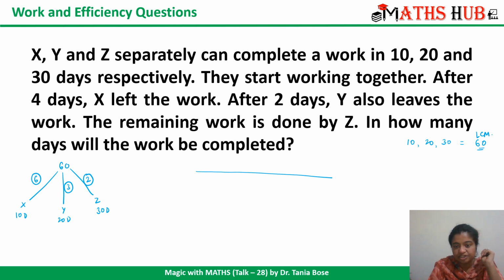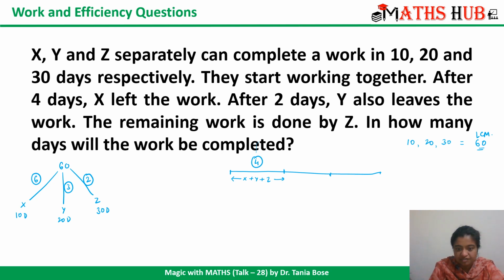They start working together and after 4 days, what happens? X left the work. That means this is the entire work that is to be done. For the first 4 days, all X, Y, and Z are working together, right? Then X leaves the work.